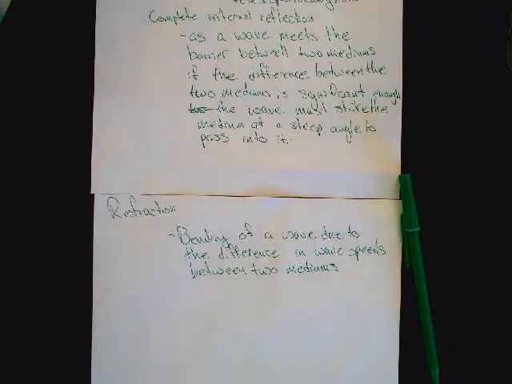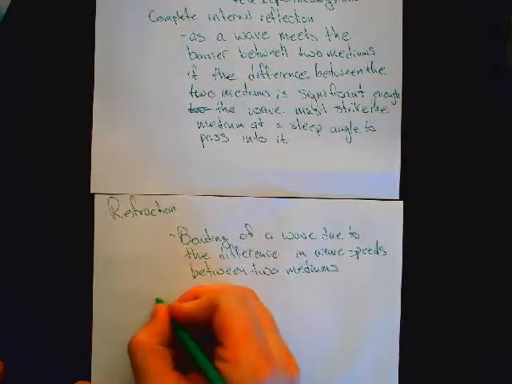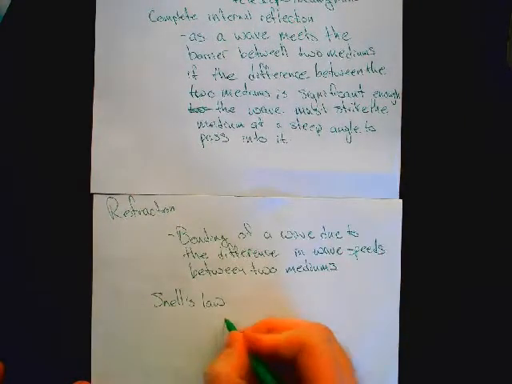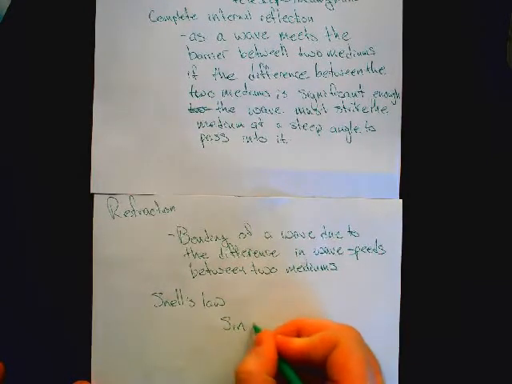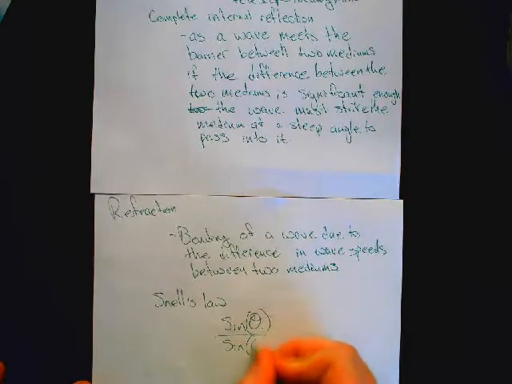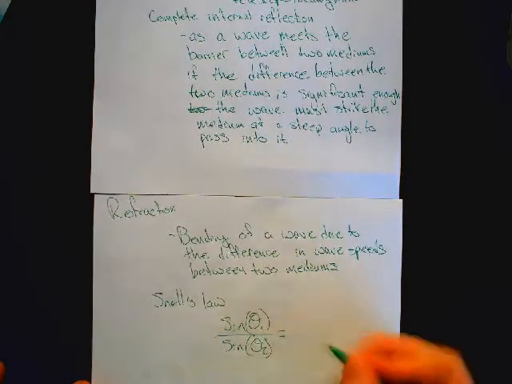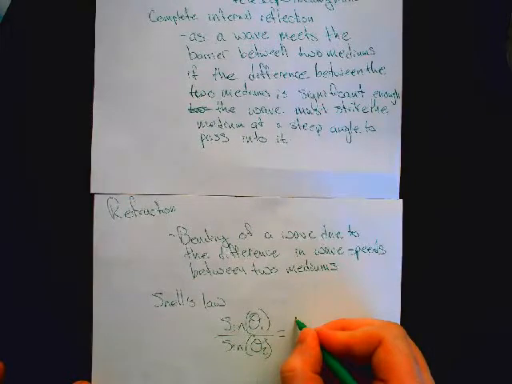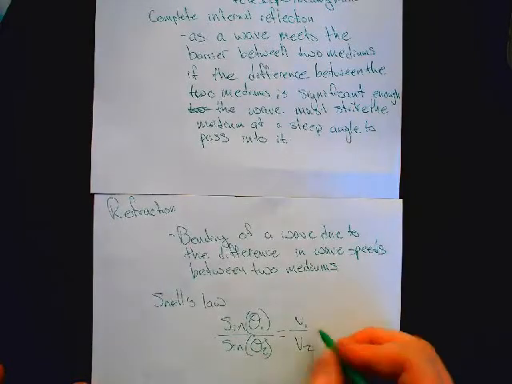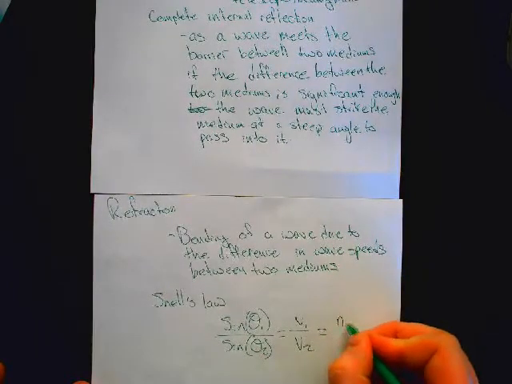So we can actually use that information and something called Snell's law to figure out exactly what the speed of light, or the wave speed for light, is in the medium of water. And Snell's law is sine theta 1 divided by sine theta 2 equals v1 over v2, which is the same as saying n2 over n1.